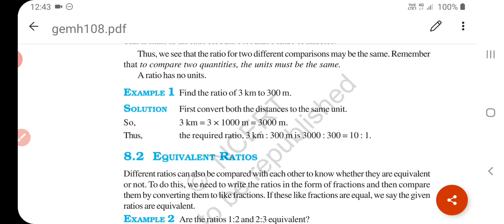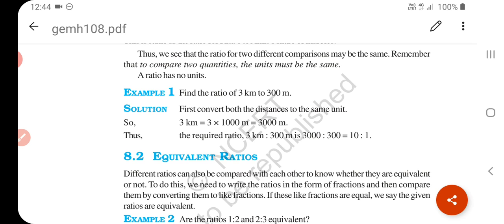It is always recommended to write the ratio in its simplest form. A ratio is said to be in simplest form or lowest terms when its terms do not have a common factor except 1. Okay, understand? Now let's see the example first.